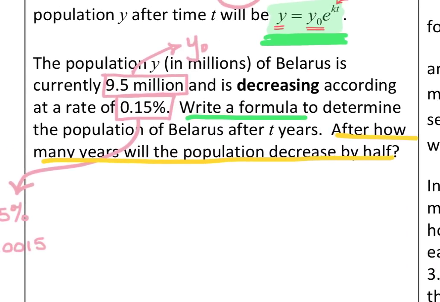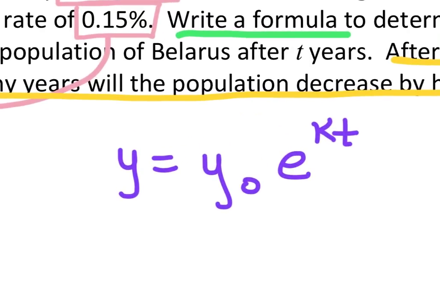So your formula, remember that the format is that y, that's basically your f of x. y is equal to the initial population, y sub 0, times e to the k, which is your rate, times t, which is your time. And let me stress this again: y is like f of x here, so that's just your general y value, and t is like x.